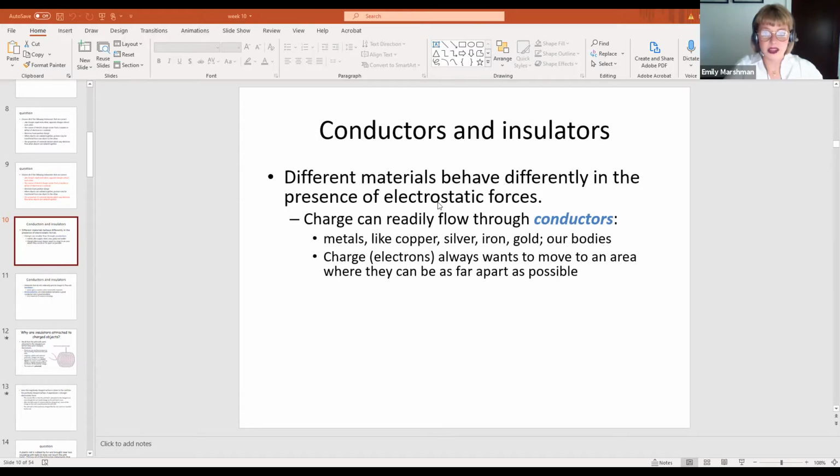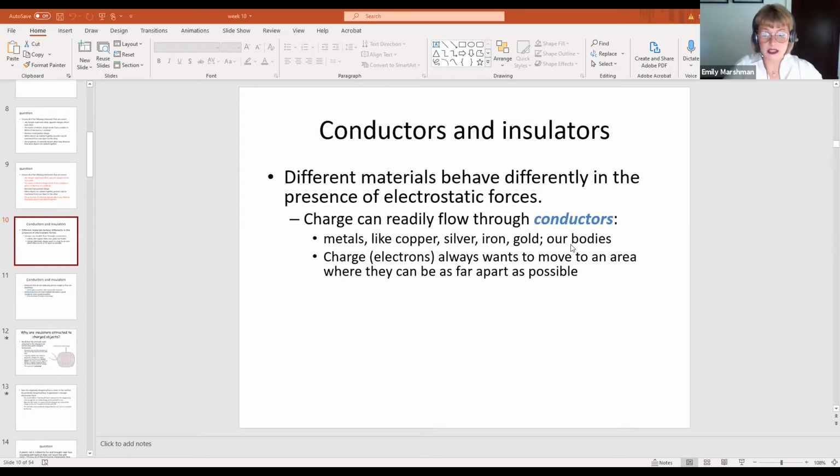Different materials behave differently in the presence of electrostatic forces. So if I have a conductor, charge can easily flow through conductors. Most metals are really good conductors: copper, silver, iron, and gold.